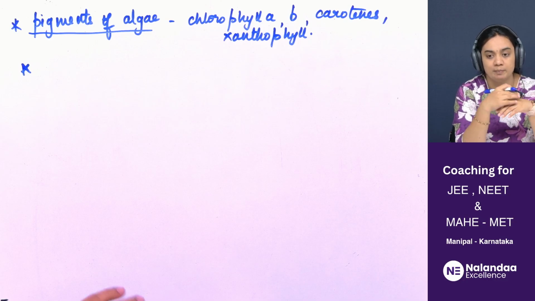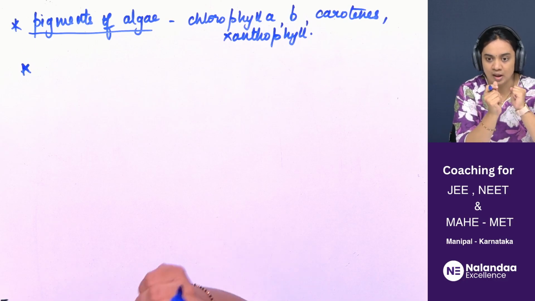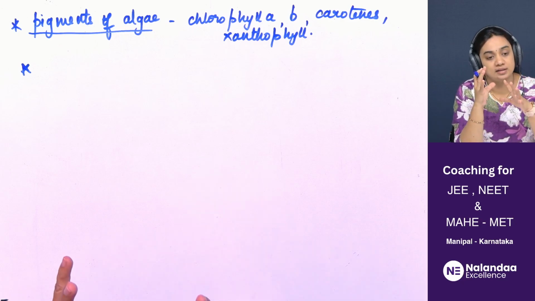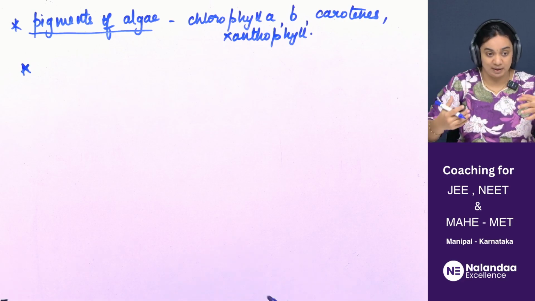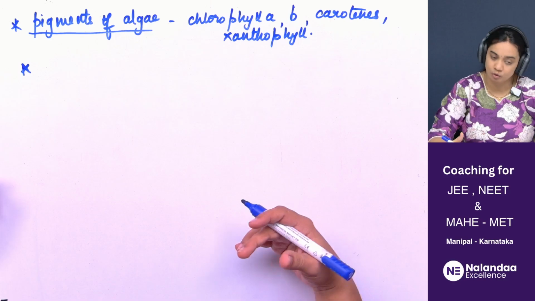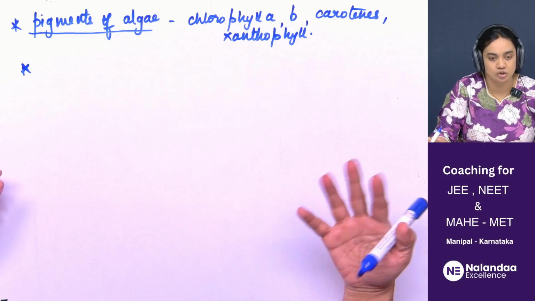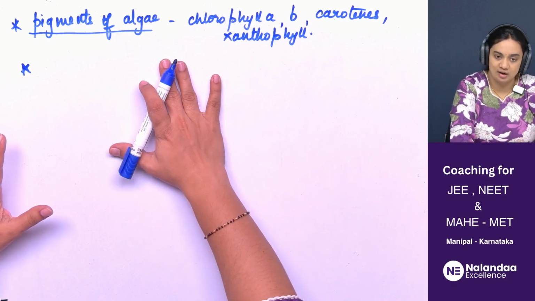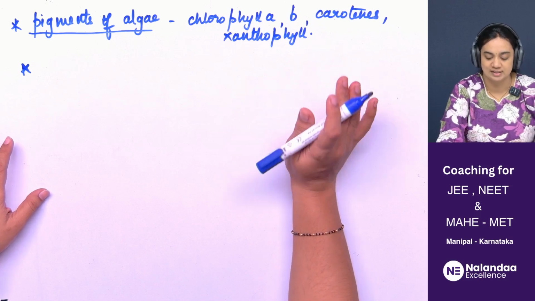Algae generally we call green in color because of the abundance of chlorophyll A. But the different colors of algae that you see are because of some extra pigment that is present in excess amount. So we get the characteristic color of algae. When we talk about each class of algae, we'll talk about it in detail. For now, remember pigments of algae will be: chlorophyll A, B, carotenes and xanthophyll.